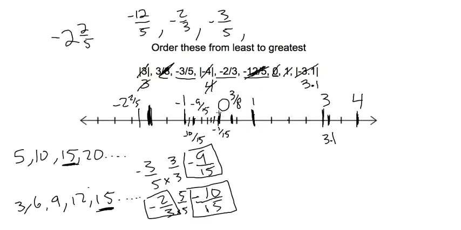Then we have 0. Then we have 3/8. Then we have 1. Then we have 3. Then 3.1. And then 4. So that is the order from least to greatest.